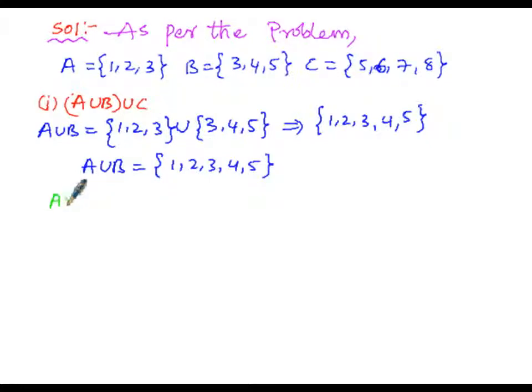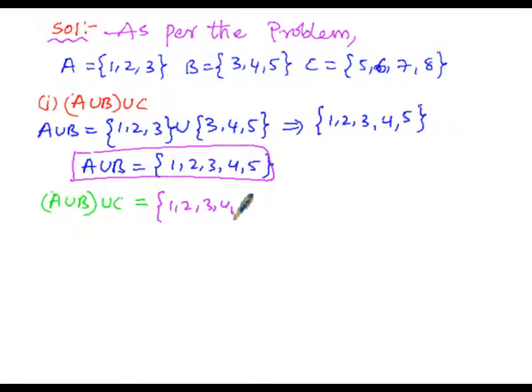So A union B union C equals, in the first case A union B, which we got as the set consisting of the elements 1, 2, 3, 4, 5, in brackets, and union with C. Set C elements are 5, 6, 7, 8. To find the union of these two, first we write all the elements of the first set, that is 1, 2, 3, 4, 5.